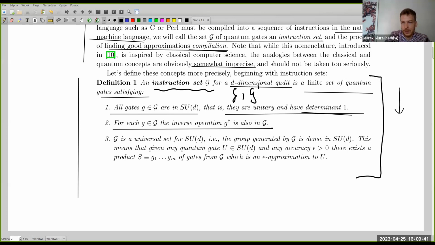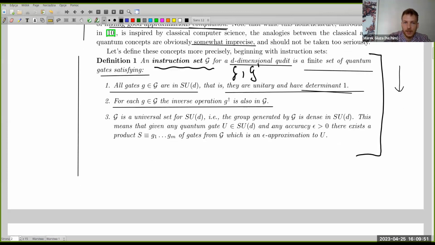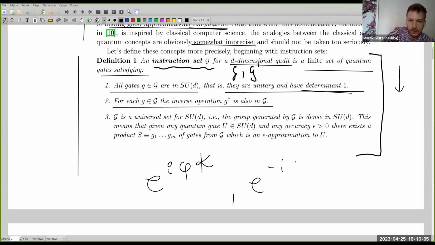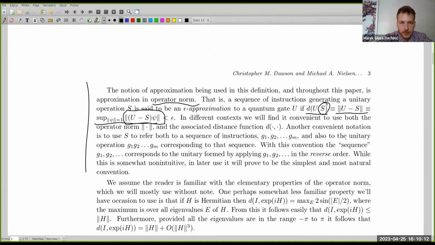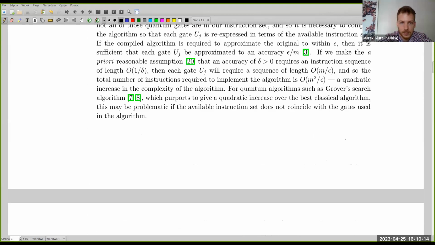Another point that they really highlight here is that there are inverse operations, G dagger. Inverse because unitary, so the inverse is G dagger, and it's also in the gate set. What does it mean? It means that if I have e to the i phi k, some generator, then I also need to have e to the minus i phi k. So I can swap the angles. And why this will be important is because of the group commutator that I was showing before.